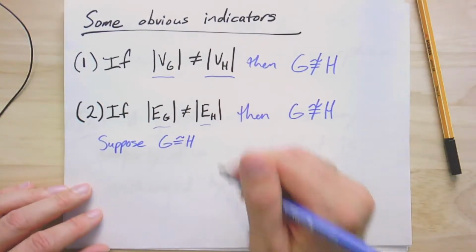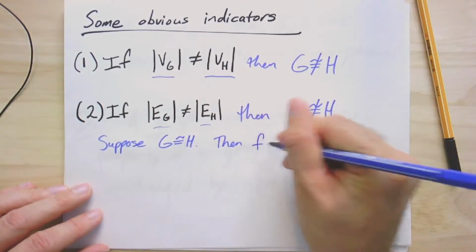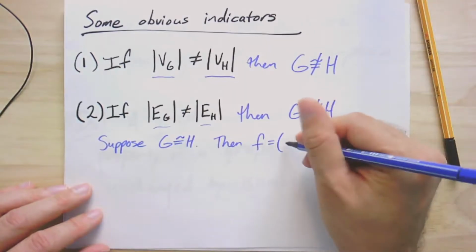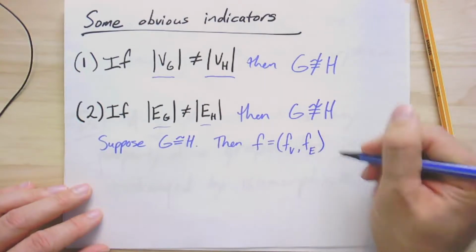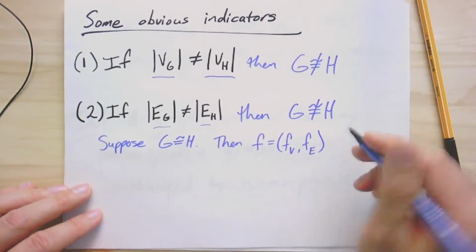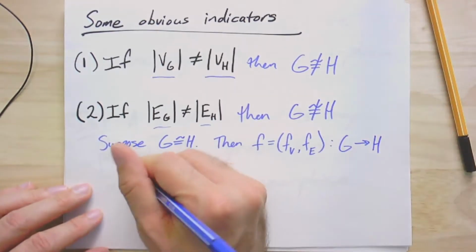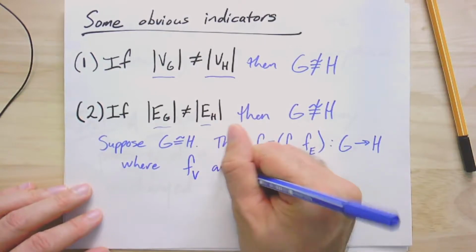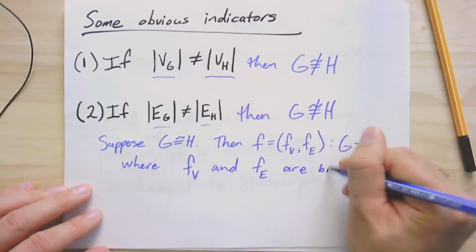So suppose they are isomorphic, then by definition, we've got some F, which is an isomorphism between them. So it's a pair of functions, because every isomorphism is a homomorphism. It's going to map G to H. It has to be the case that the function on the vertex set and the function on the edge set are bijections.